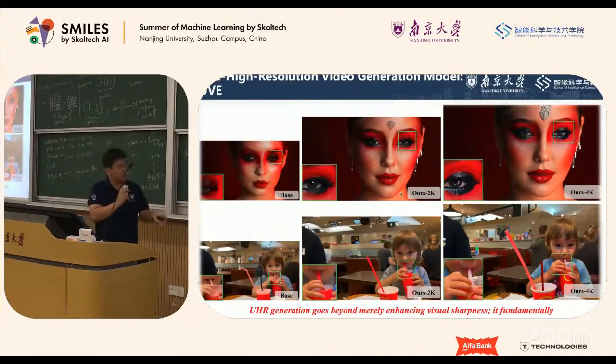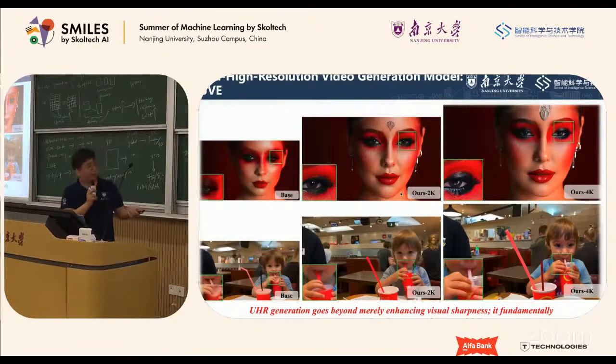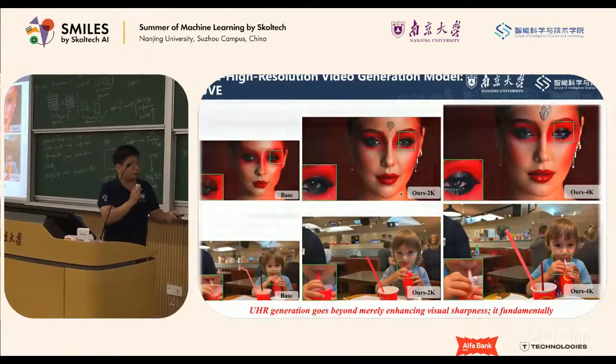So here are the visual comparisons showing base results and 2K result and 4K result for facial makeup and a child at the table. So we emphasize that the ultra high resolution generation should not merely sharpen an image just like a super resolution model, but it should create semantically coherent and content faithful detail at a higher resolution.